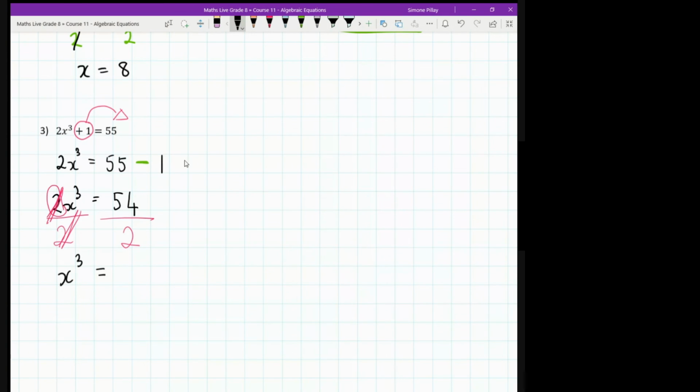Yes. And then we're going to cube root x. Then the cube root and the cube are going to cancel out, which is going to leave us with x. And then the cube root of 27 is 3. 100%. Thank you for that. You're welcome, ma'am.